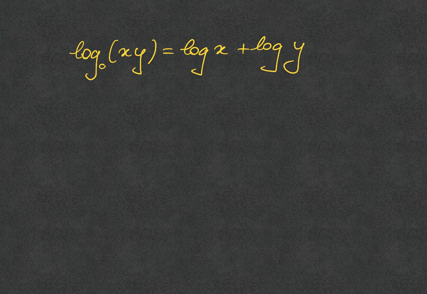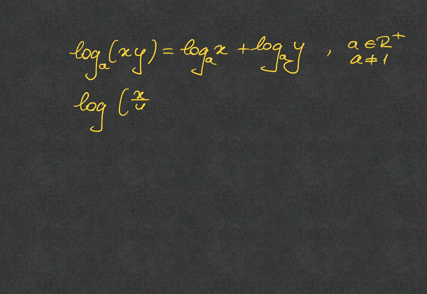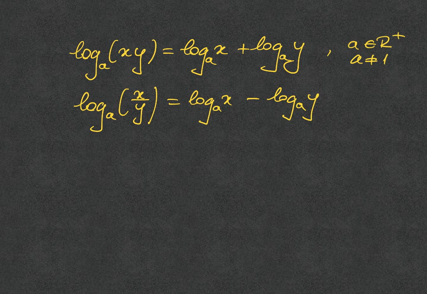So I don't want to write log in the base a of x, where a is any positive real number which is not 1. Remember the definition of the base. The second one will be log of x over y is log of x minus log of y.